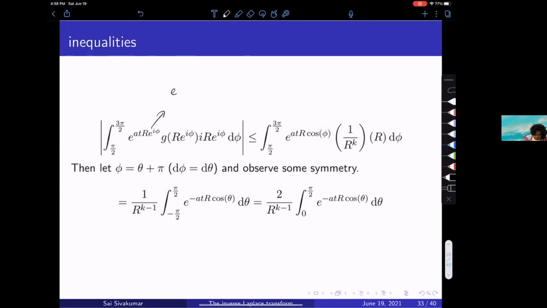So over here, we have e to the a t r, and then we get the e to the i phi, we get cosine plus i sine phi. And so the reason we can get rid of this is because it doesn't really matter what is outside of the i.